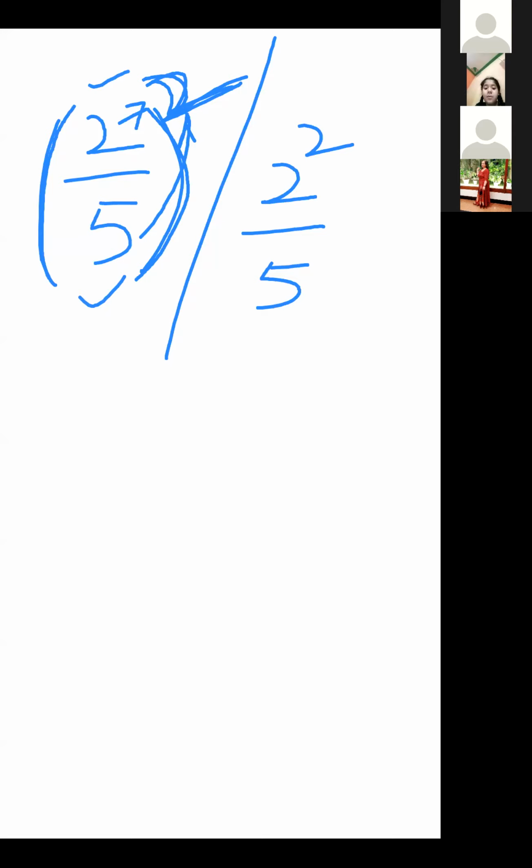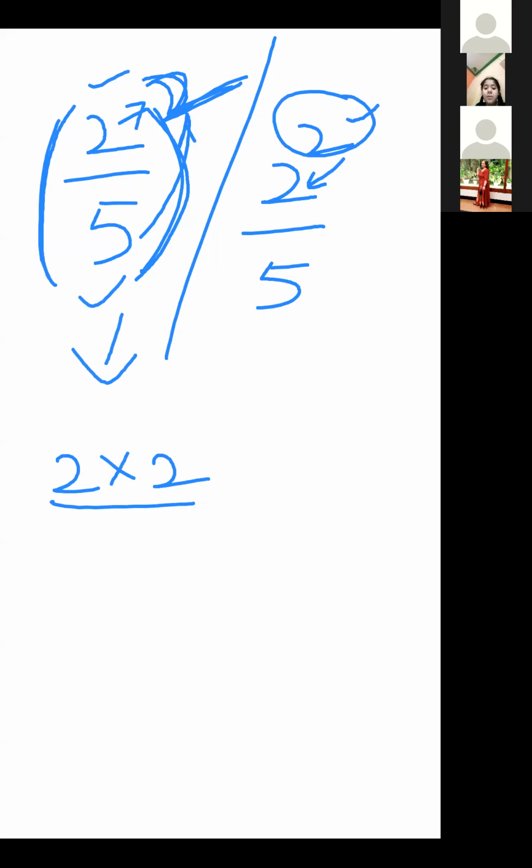Clear? But in this part, the power is only of this 2, not of 5, because I have not put the bracket here. Okay, so this is a difference, remember. So with this, what is the answer? It means 2 is multiplied 2 times and 5 is multiplied 2 times.